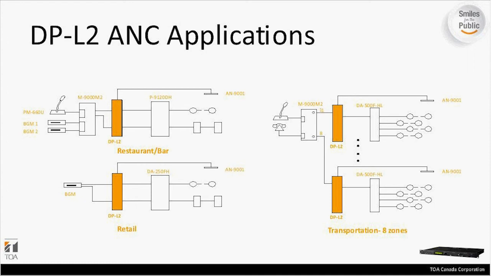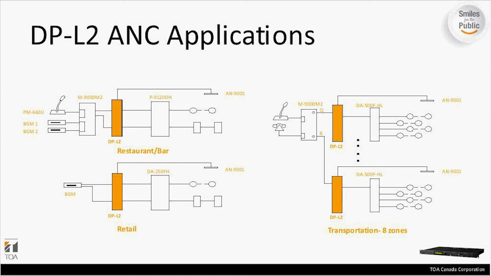And then it goes into the DPL2 signal, so there are two signal flows there. And the sensing microphone is connected, and then from the DPL2 it goes out to our amplifier and then to the different zones. If you look at the bottom part, without a microphone, then you do not need the mixer. You can go directly into the DPL2.